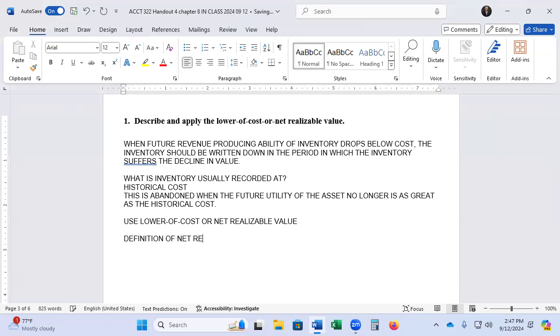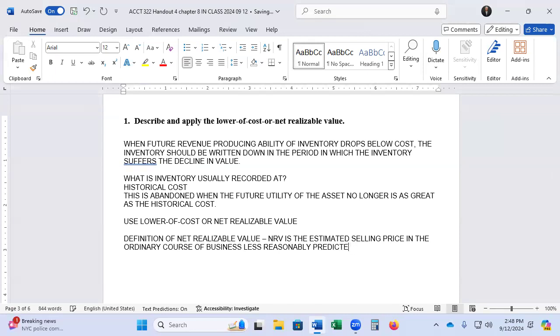Definition of net realizable value, which I'll abbreviate as NRV, is the estimated selling price in the ordinary course of business less reasonably predictable costs of completion, selling costs, and transportation, if applicable.